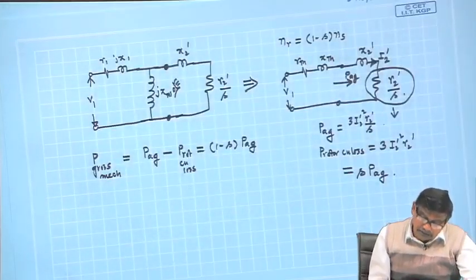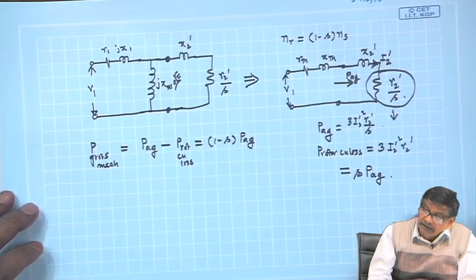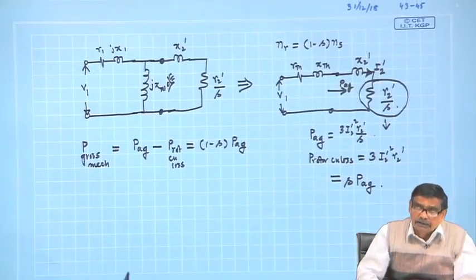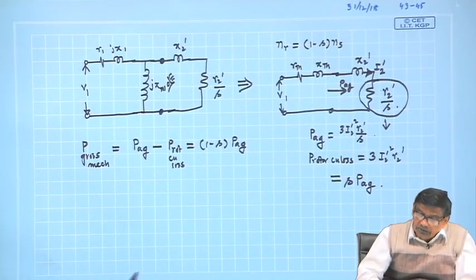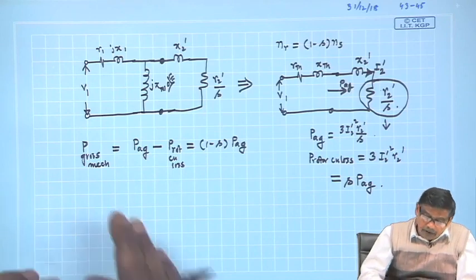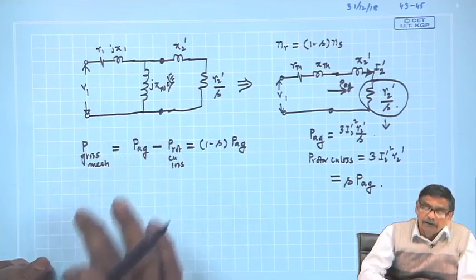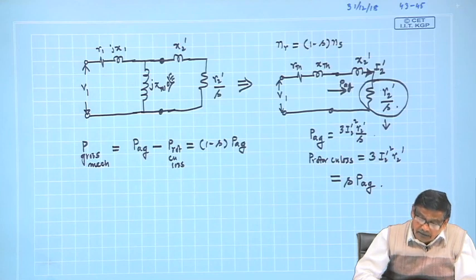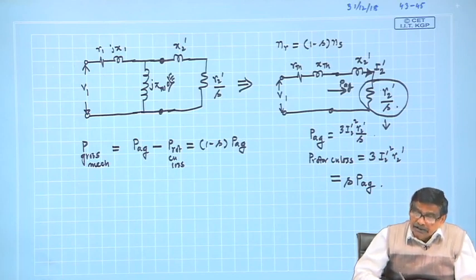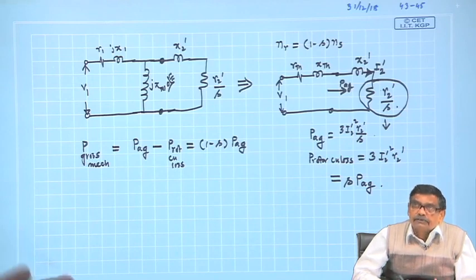Now, our target is to find out what will be the torque developed by the machine. So, this we will do in this way. I have got the P gross mechanical power, from which I will find out the mechanical torque present on the shaft of the machine, and we will assume that the machine is running with a fixed value of slip S, that means at a fixed RPM.